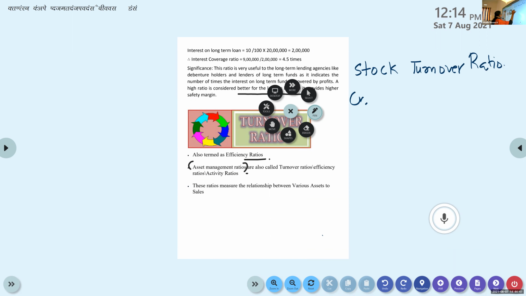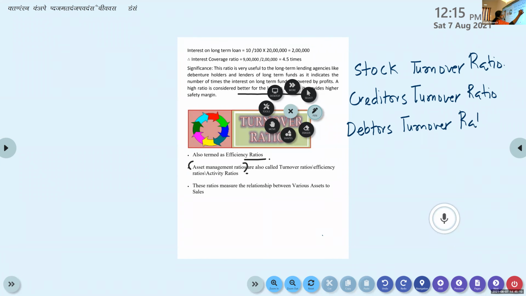The next one is creditors turnover ratio. Then we have debtors turnover ratio. Then working capital turnover ratio. These are the 4 ratios we are going to deal with now.